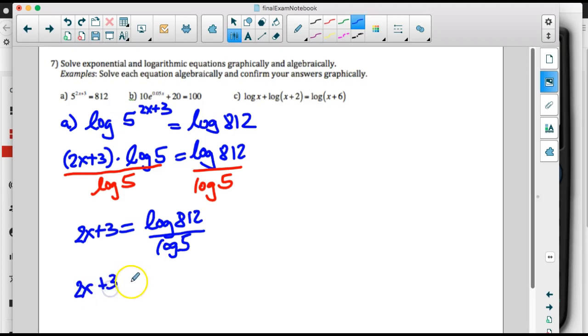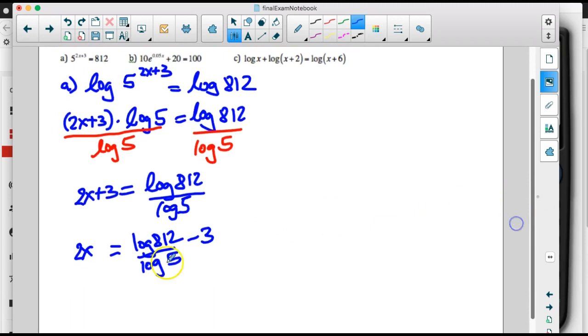So I'm going to get 2x equals log 812 divided by log 5 minus 3. We subtract 3 from both sides. And then we divide by 2 to get the value of x. So this is going to be, in parentheses, log 812 divided by log 5 minus 3, divided by 2.